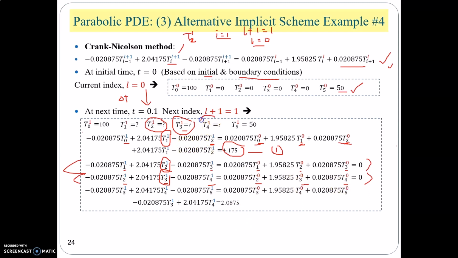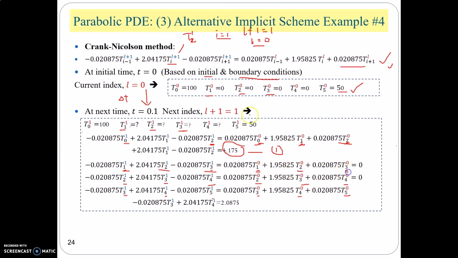So again, to find T41, we increase the space index here. Substitute the T11, T21, T31 here. Since you don't know the value, we just leave them. And then substitute the T10, T20, T30 here.